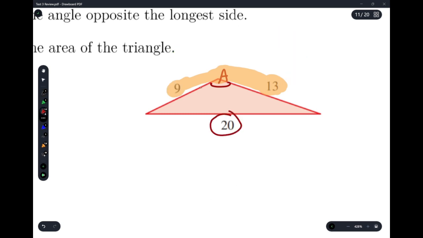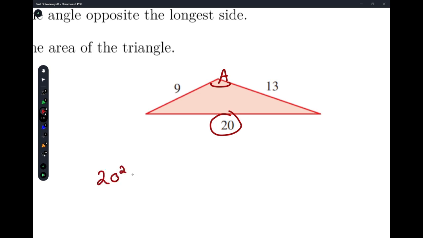Okay, so let's use that mouth that's about to eat that 20 to calculate this thing. So what is the formula? 20 squared equals. Now this is just the normal Pythag formula. If you just memorize normal Pythag, you got half of it down. 9 squared plus 13 squared. Here's where it's not normal Pythag.